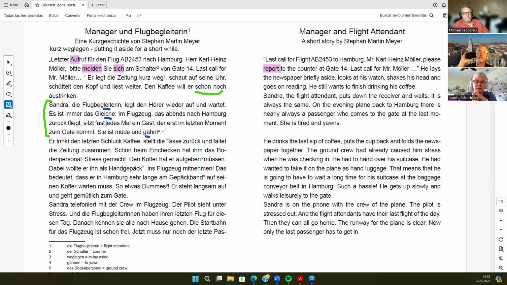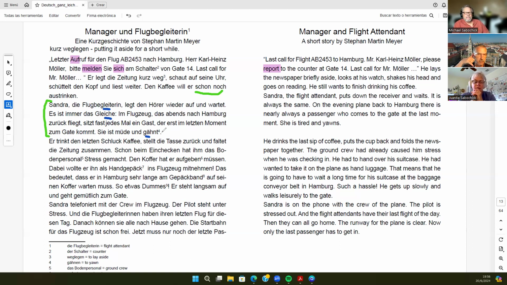The phone. And since this is at the airport, they use the intercom. So what is she putting down? The handset.